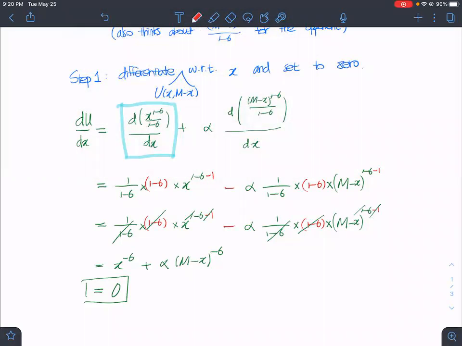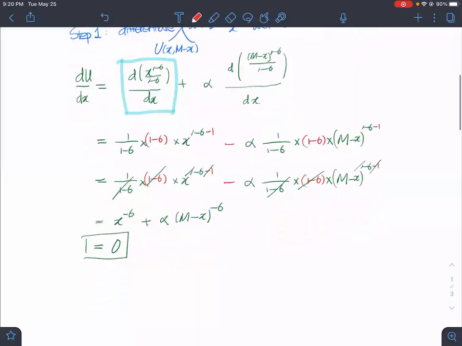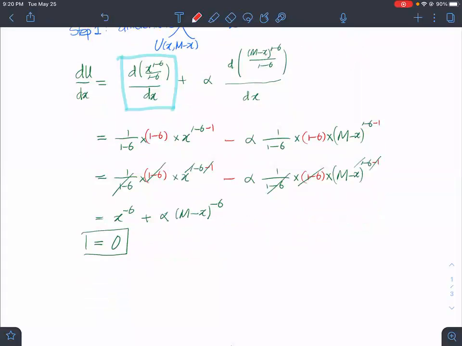Minus this term, minus this term, because here we have m minus x. So the minus term should have popped out like this. I'm sorry for this mistake. So this one also has to be negative. Okay.